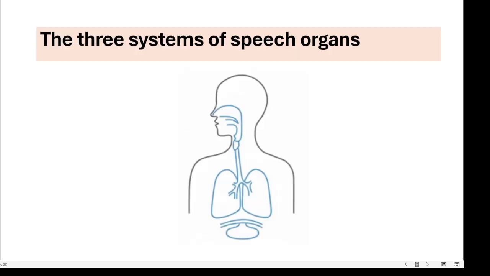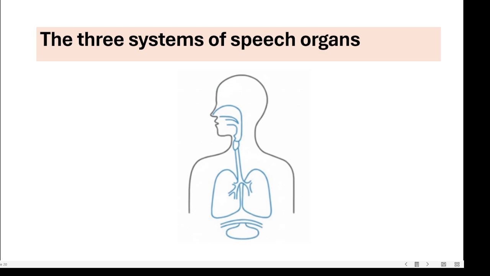In the previous unit, we defined the word system as a group of elements working together with a common purpose. Well, in this unit, we will refer to a group of organs and cavities and articulators that constitute three different systems and which have specific functions.